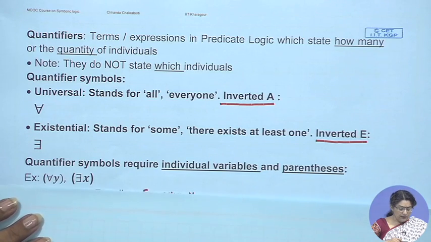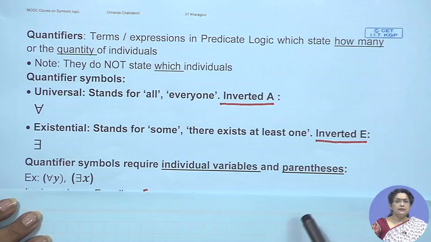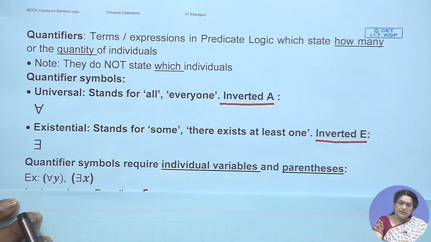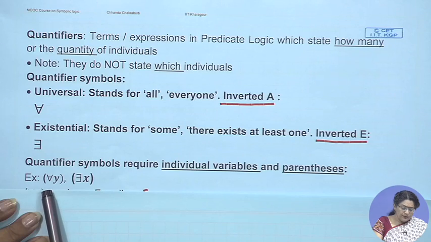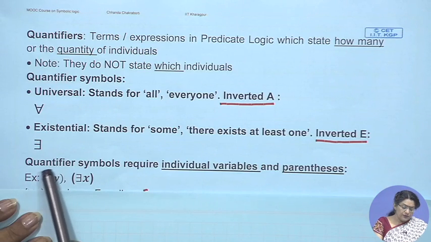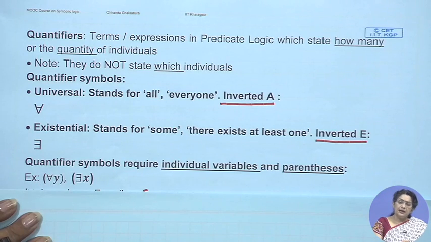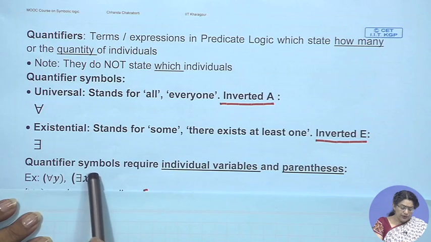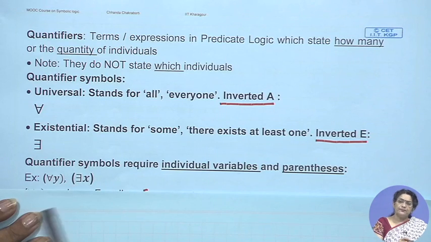So, for example, this is the complete look of the quantifier symbol. Here is the parenthesis, and here is your universal quantifier upside down A, followed by y, which is a variable. This whole thing is the universal quantifier. Get it? Or take a look into this. The whole thing is your existential quantifier.